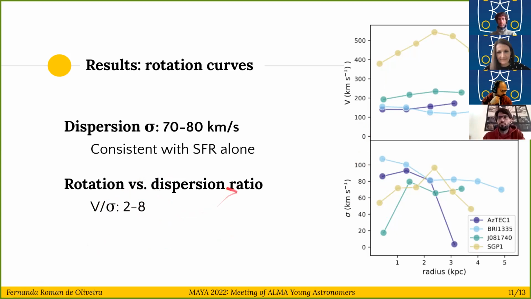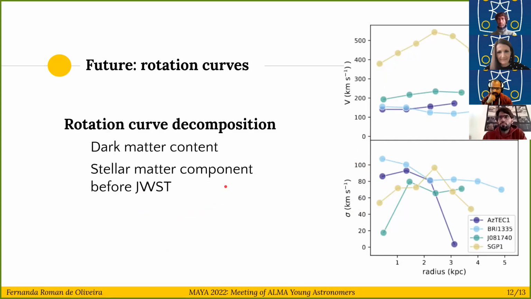And in the future, we also want to decompose, we're doing this right now, we're decomposing these rotation curves, which can tell us what's the dark matter content of these galaxies. And very interestingly, we can tell the stellar matter component before we have James Webb, because right now we don't have any information of the stars of these galaxies.